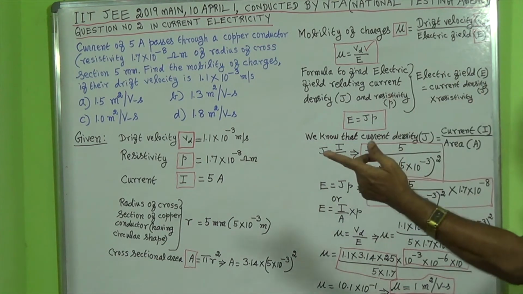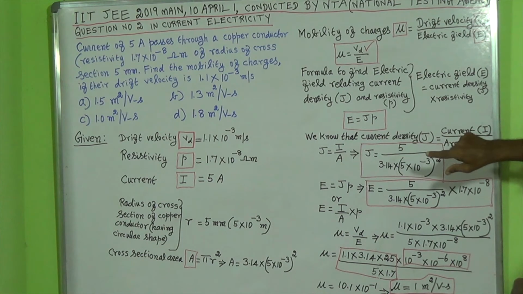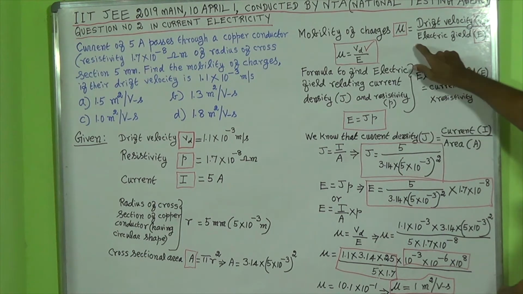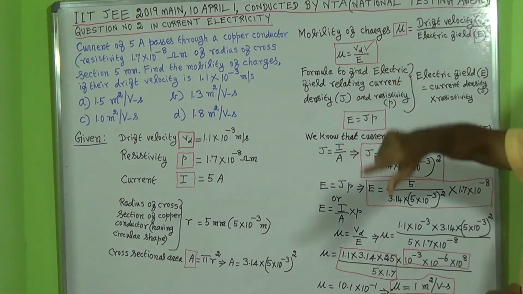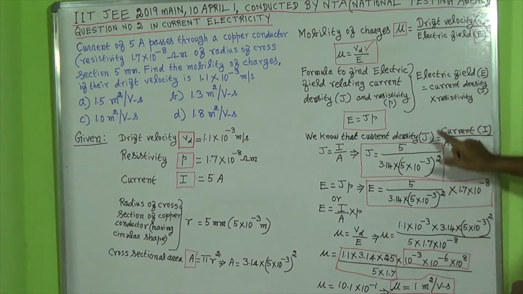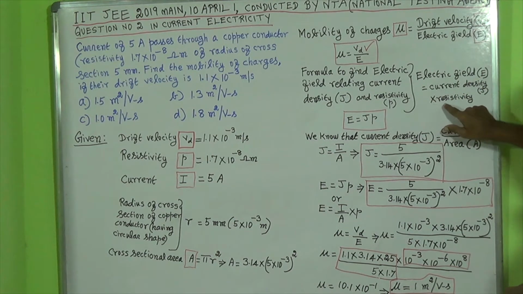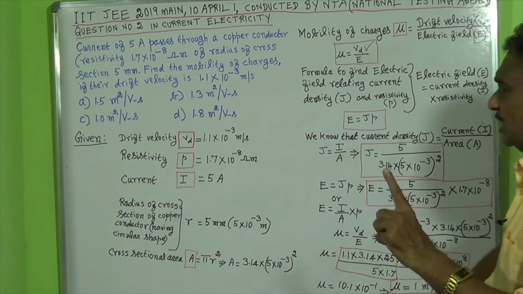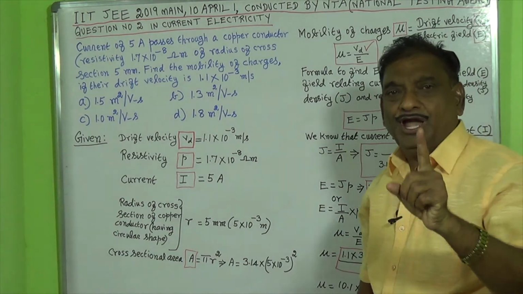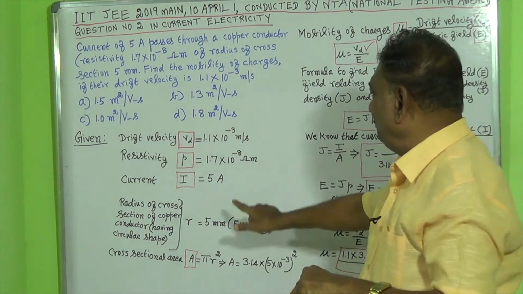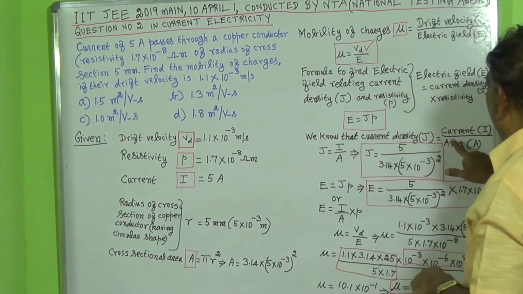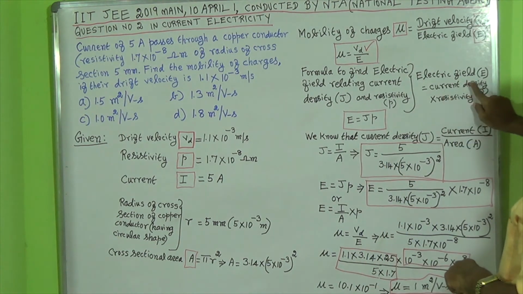After finding the electric field, if we substitute the obtained electric field in this formula, we can find the mobility of charges. Of these two data, the resistivity is provided as 1.7 into 10 to the power of minus 8 ohm meter. So we have to find the current density.